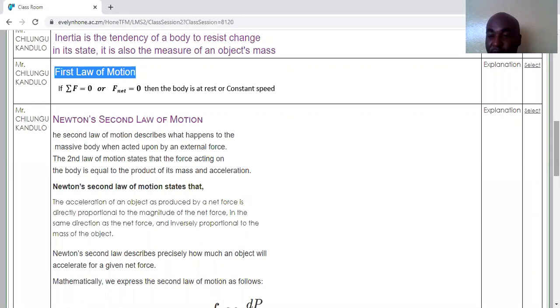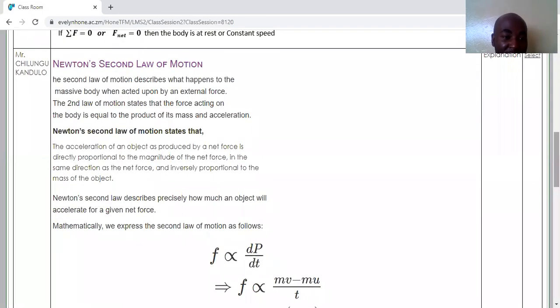The other statement is this: the acceleration of an object produced by a net force is directly proportional to the magnitude of the net force, in the same direction as the net force. Meaning the net force may be upward while the body is moving east, but the acceleration which is directly proportional is the one in the direction of the net force. It's the one that is produced by the net force.